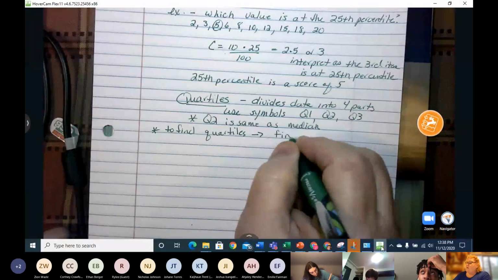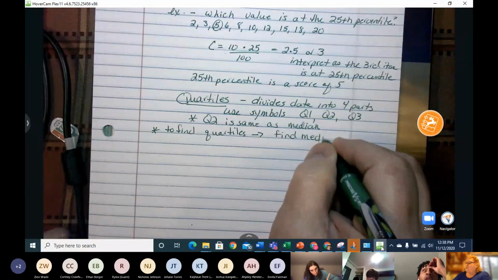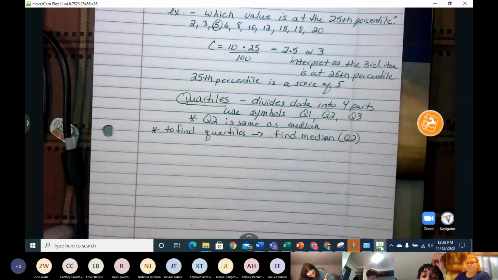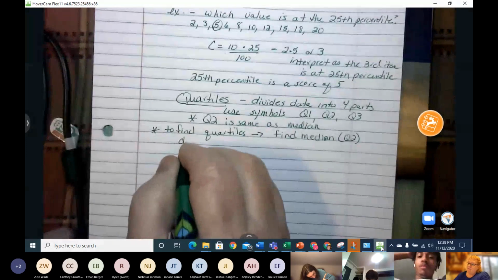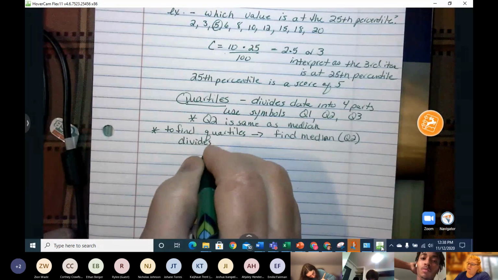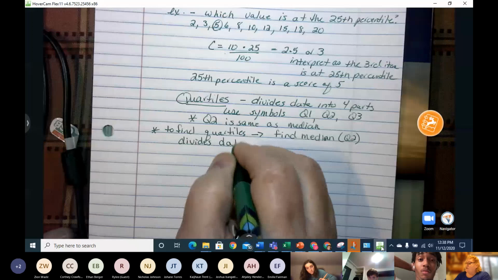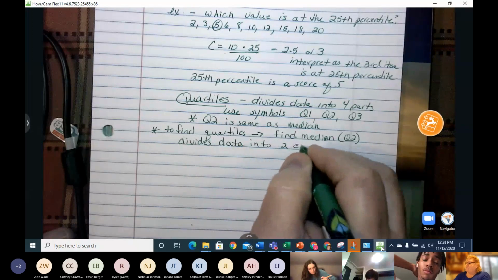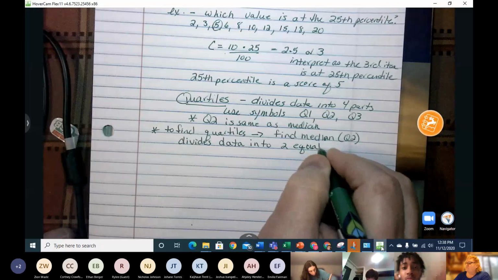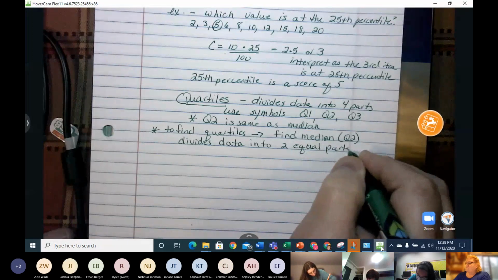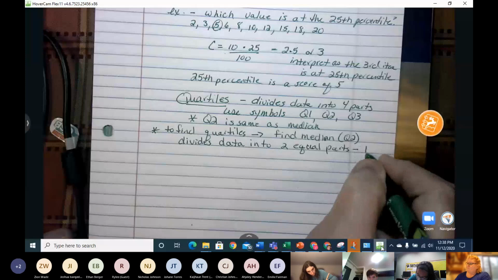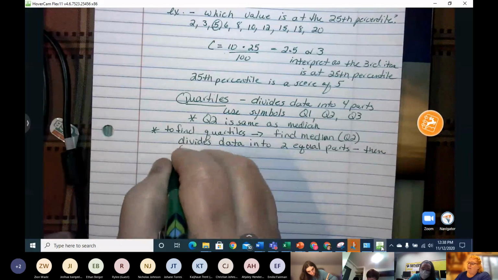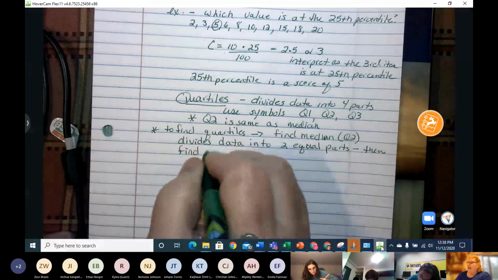It's the same value, it's found the same way, you determine it the same way. To find the quartiles, you're going to find the median first, which remember is the same as quartile 2, which divides your data into 2 equal parts. Then you're going to find the median of each half.